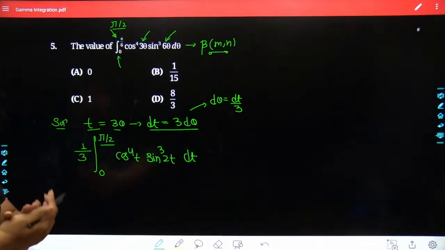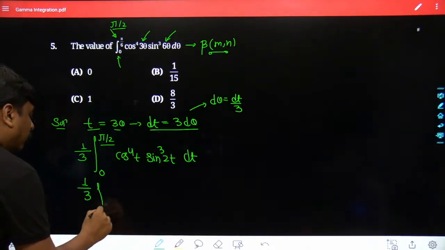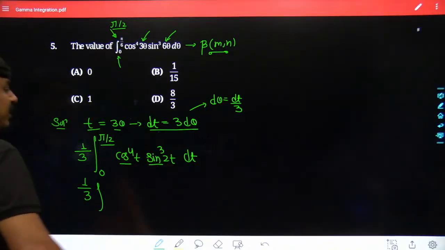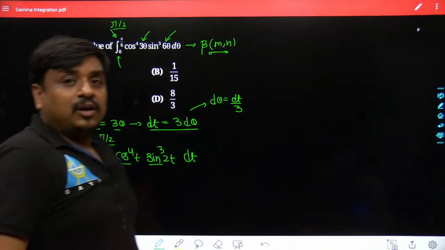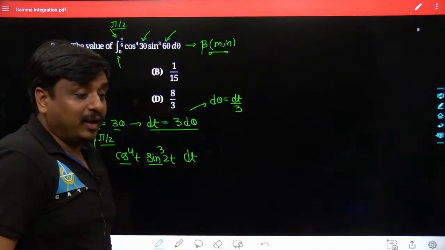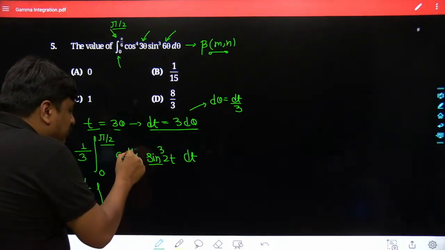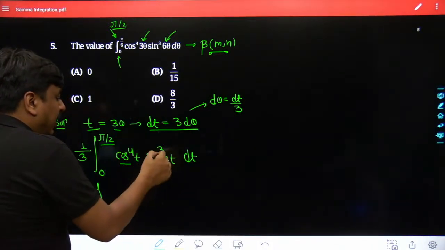Still a few more changes are required. I want each individual trigonometric ratio in the form of cos to the power of 2m minus 1 and similarly sine to the power of 2n minus 1. You can see the angle factors involved over here: here it is t, and here it is 2t.